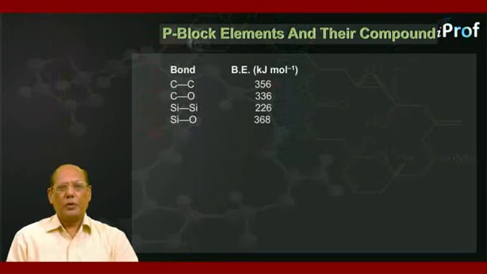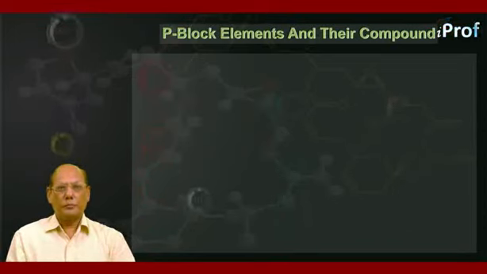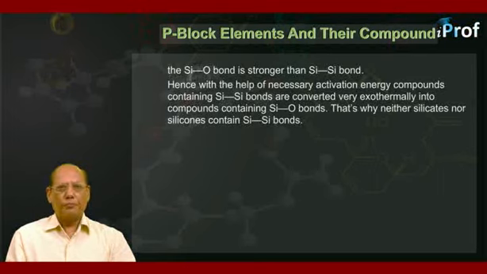Thus, thermal stability of C-C chains is high because carbon-carbon and carbon-oxygen bond energies are almost similar. Whereas in case of silicon, the Si-O bond is stronger than Si-Si bond.